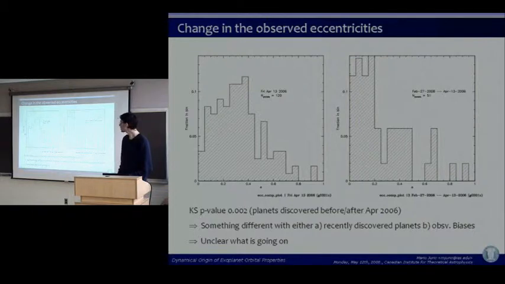So I just wanted to put this up as a note at the end of my talk that there is something funny going on with the newly discovered planets, and it's not clear to me what it is. Maybe the recently discovered planets are different in some way. Maybe the observational biases are different. Maybe there was something wrong with the data 2 years ago at the Exoplanet Encyclopedia.